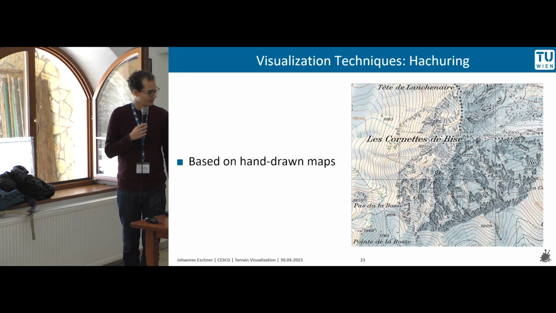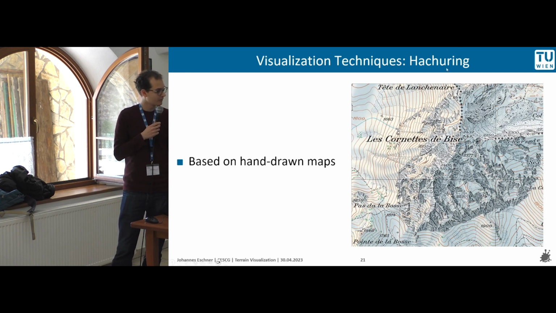And there you can see different ways of representing the terrain features. So one thing is these contour lines. I think most of you probably know them, like these lines of equal elevation. And in addition to that, there's also these little hatches here, which basically show the slope direction and a bit of the shape of the mountain.